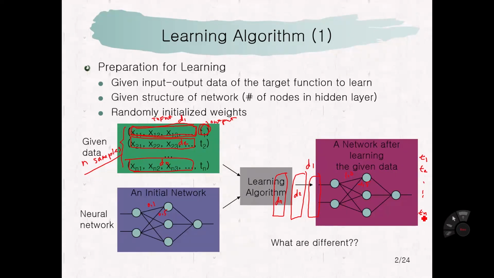If you give the first sample, it can give the correct answer for the first sample. If you give the second sample, it can give you a correct answer, and so on. This is the result of the training algorithm.